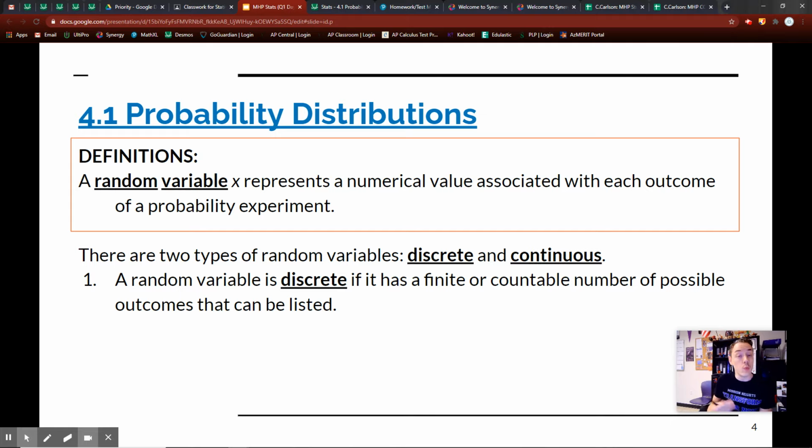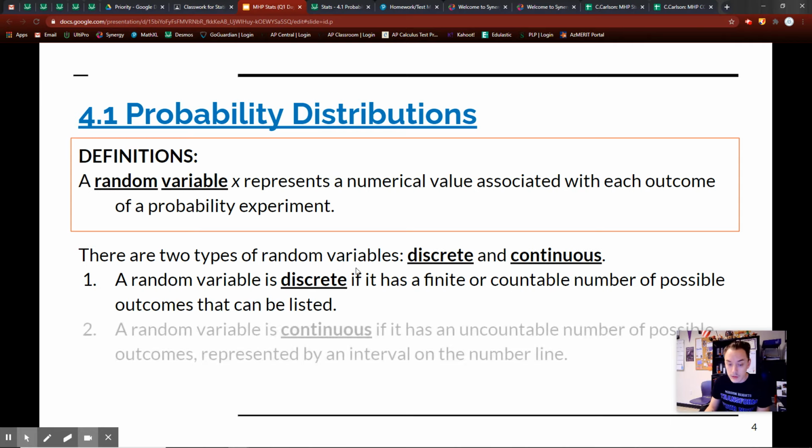I can have 1 student, 2 students, 3 students, 10 students, 50 students, but I can't have 50.517 students. I can't have 2.5 dogs. I can't have 1.5 wives. I mean, I could, but I don't know what the 0.5 is, and plus that's, I'm pretty sure, illegal. So it's a countable number set. It's literally a whole number. Think about that.